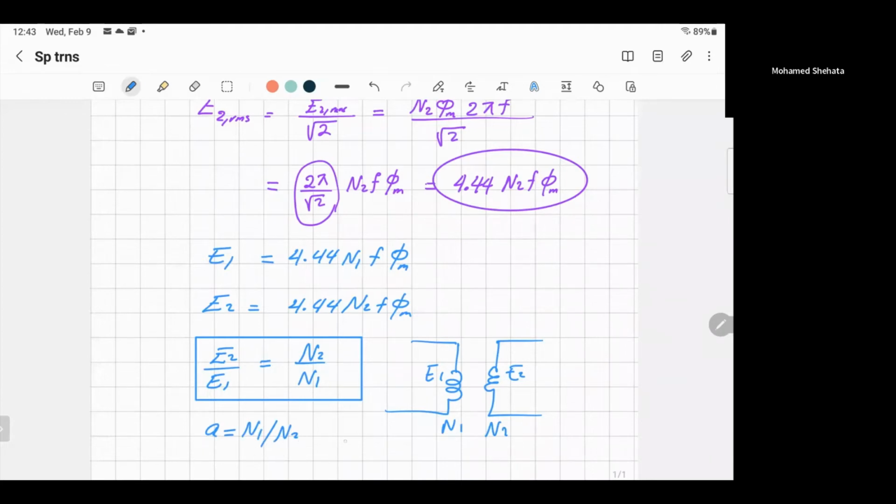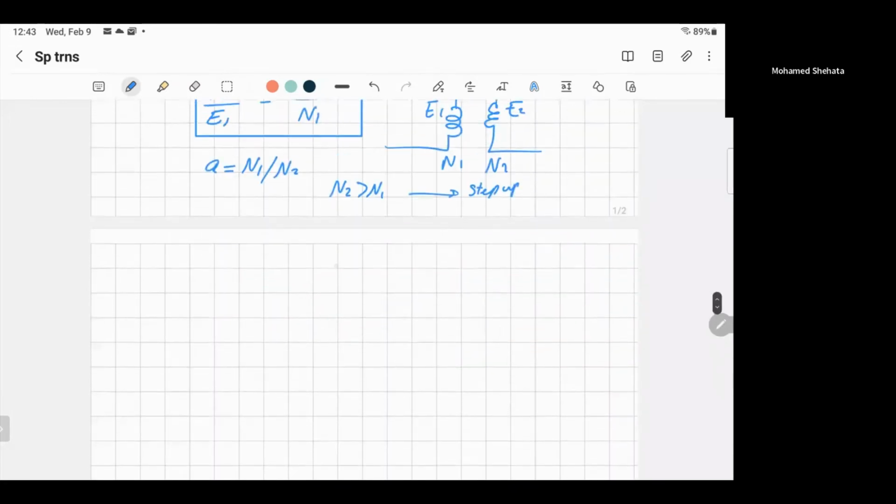So in this case, you need N2 greater than N1 for step up, and you need N2 less than N1 when you have step down. If you have N1 equal N2, it will be like no step up, no step down. Usually they will use this in isolation purpose only. So that's the theory behind the transformer.